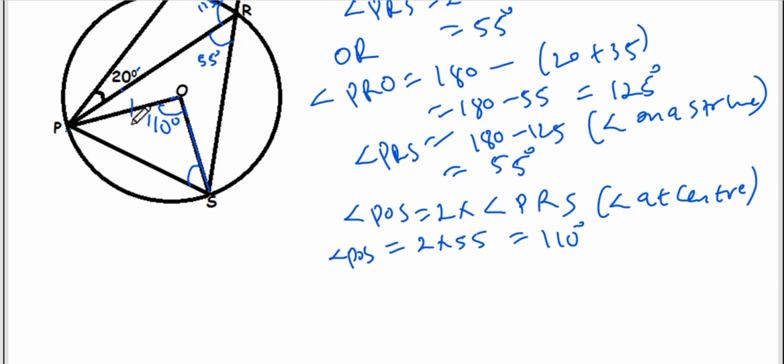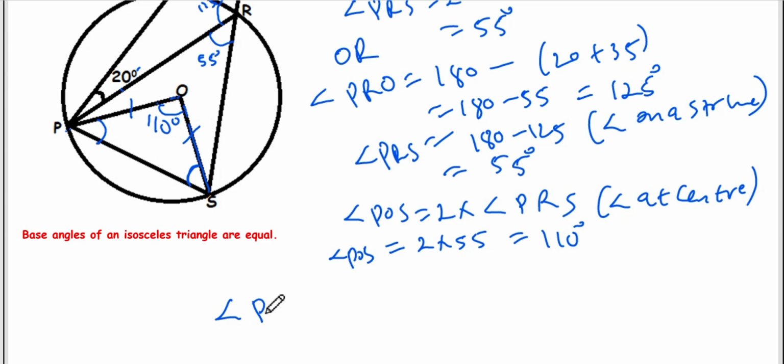So that means this is an isosceles triangle. Remember, we are looking for PSO. This angle is also equal to this angle. So to get this angle, we subtract this 110 from 180, then divide by 2.